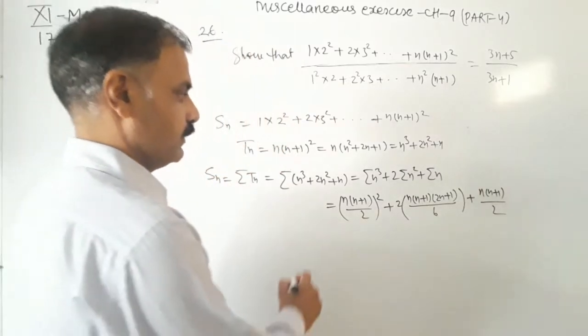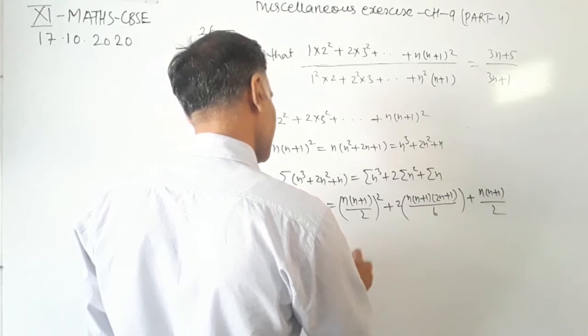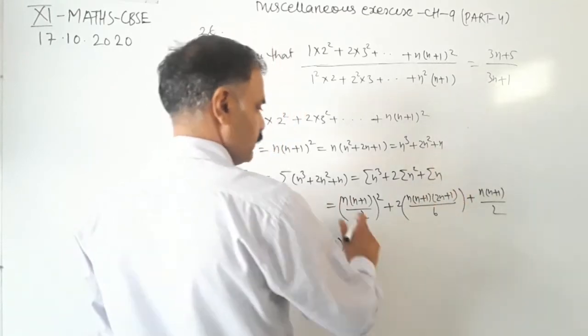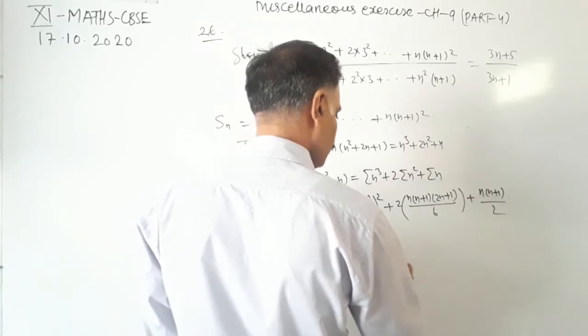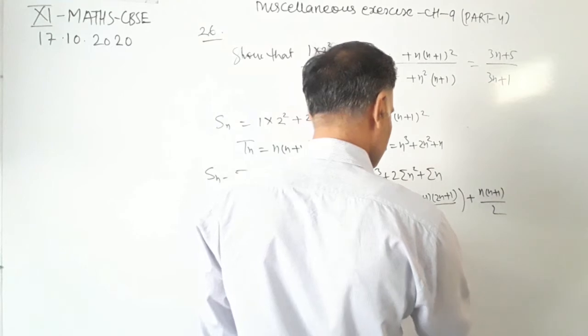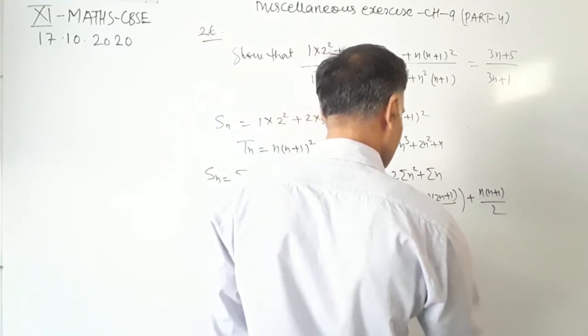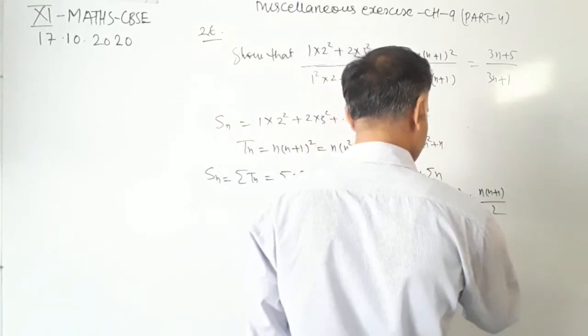Now taking n into (n plus 1) by 2 as common, we will have n into (n plus 1) by 2 into [n into (n plus 1) by 2 plus 2 into (2n plus 1) by 3 plus 1].